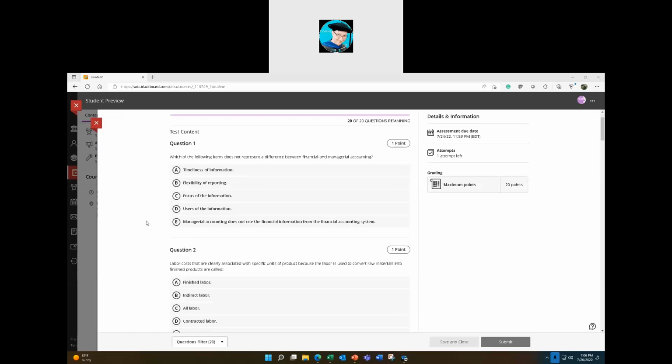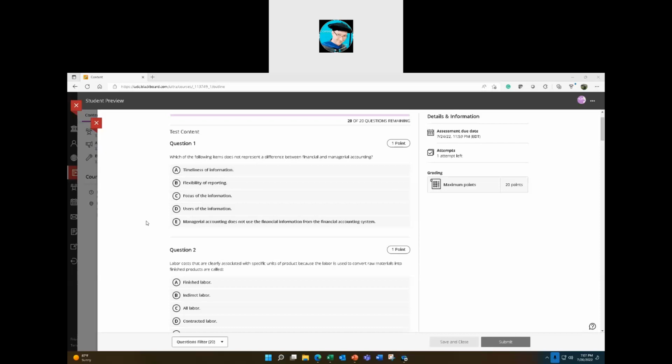The first question is, which of the following items does not represent a difference between financial and managerial accounting? Well, that's interesting. That question sounds like it's from chapter 18, right? Which I think is called managerial accounting, right? It's talking about the difference between the two.